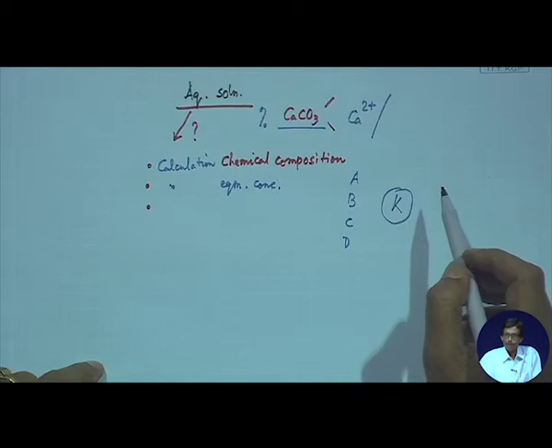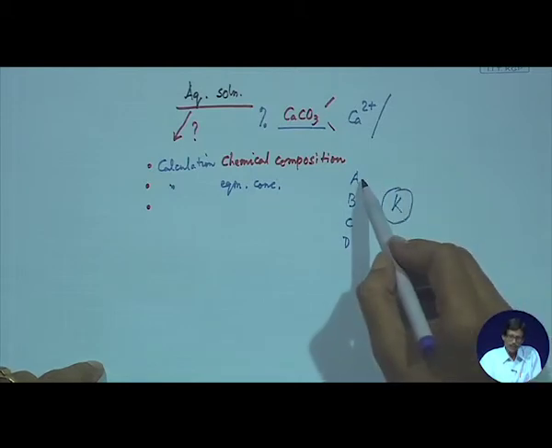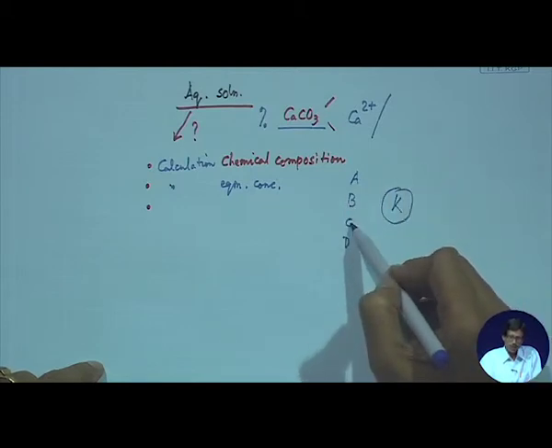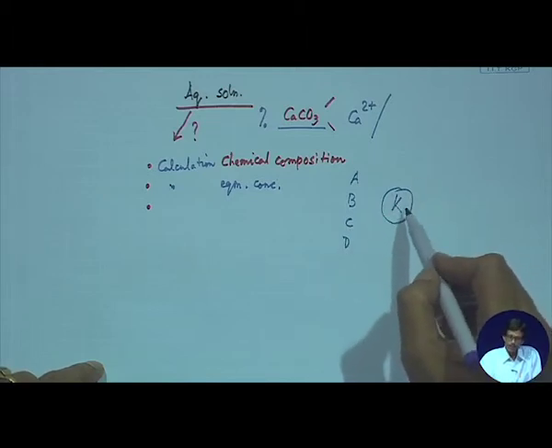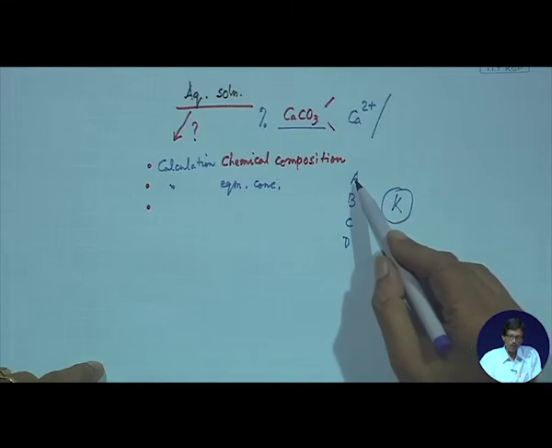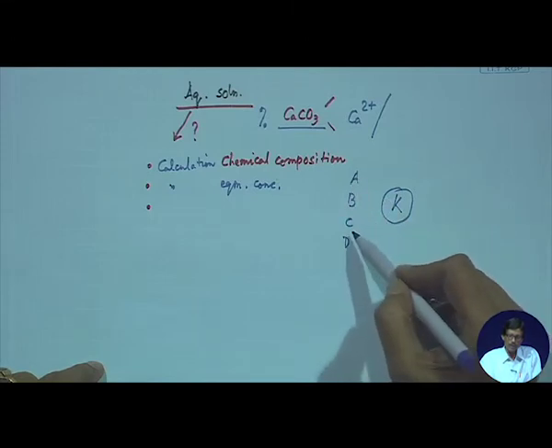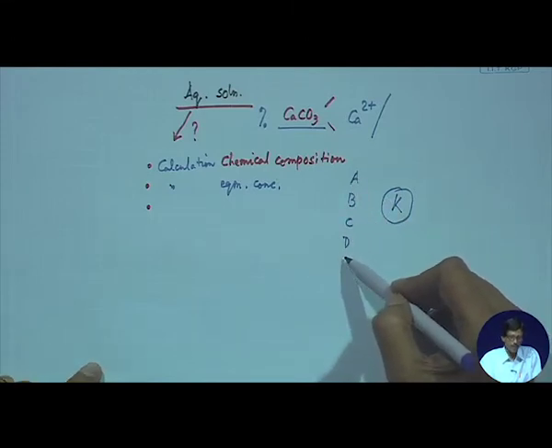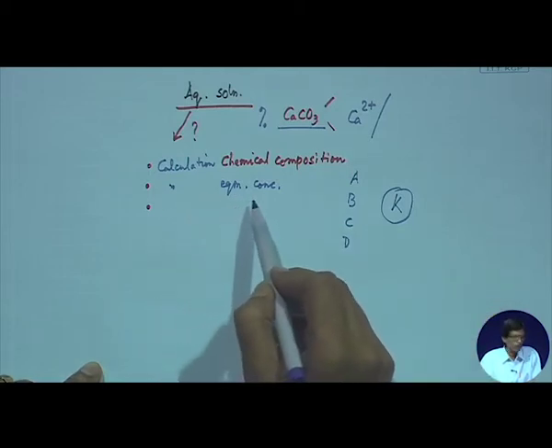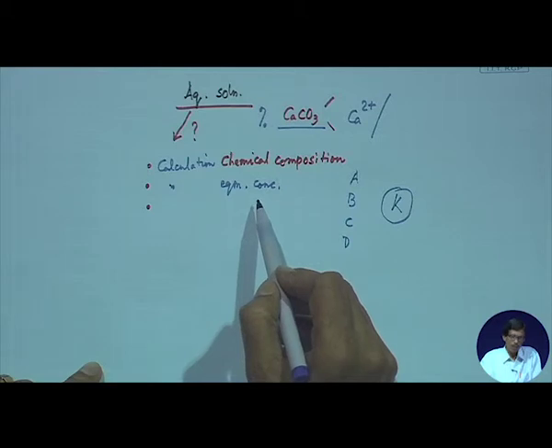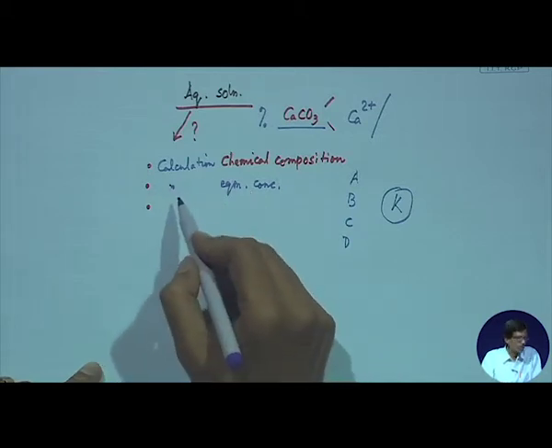When the equilibrium is reached, we know that A and B are consumed and we are producing C and D. So, if you have a sufficient magnitude of K, the concentration of A and B would be less than the concentration of C and D. Any calculations related to equilibrium concentrations can be found out.